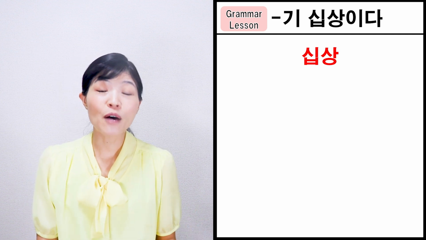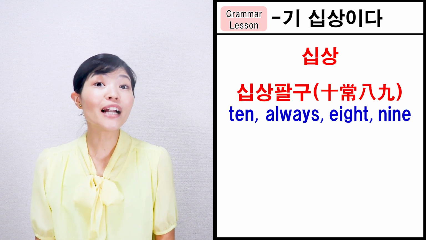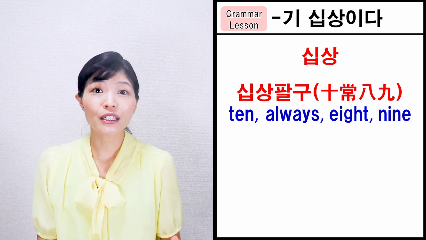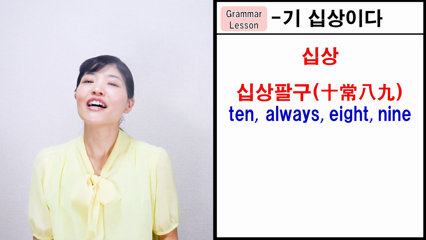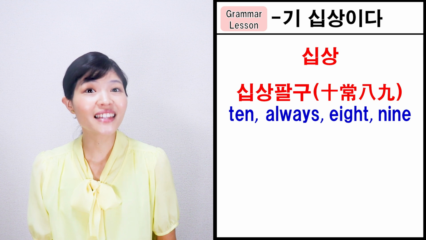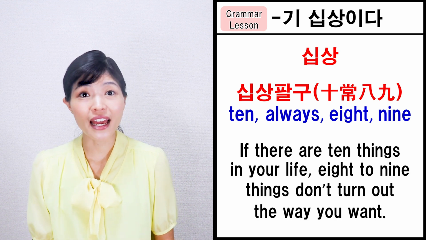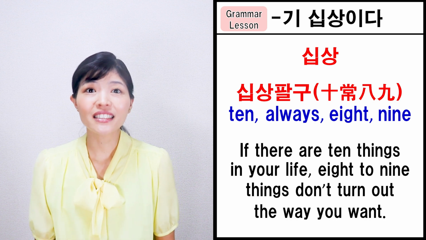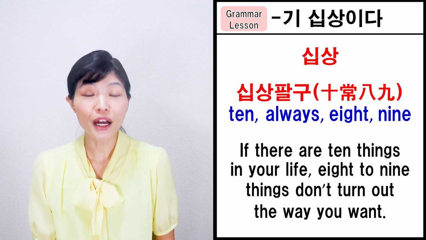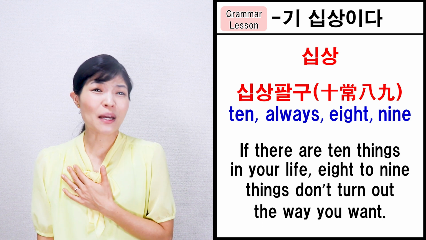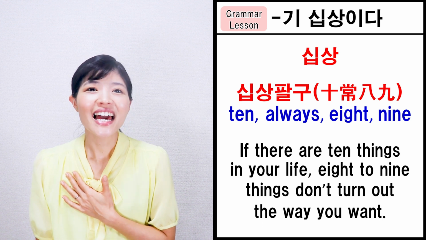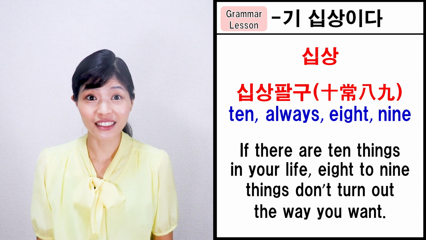There is an idiom called 십상팔구, and each character means 10, always, 8, and 9. This means that if there are 10 things in your life, 8 to 9 things don't turn out the way you want. It's a painful fact, right? And pretty negative.